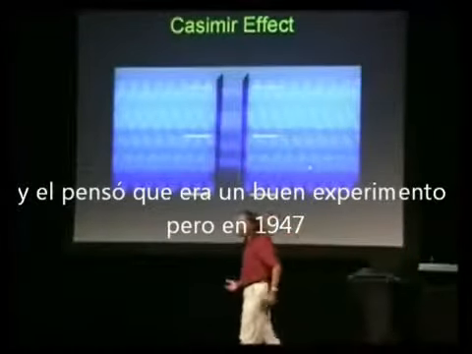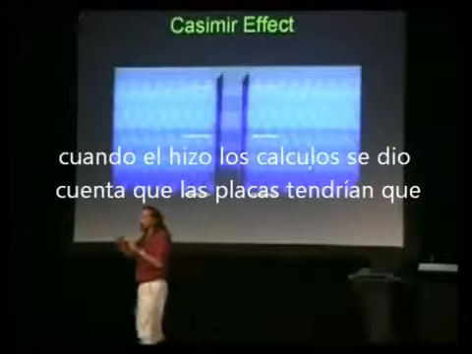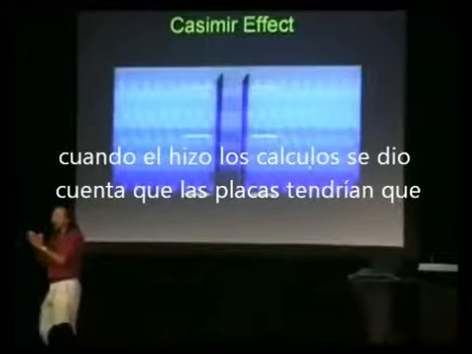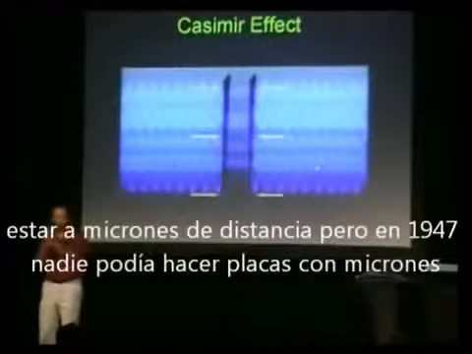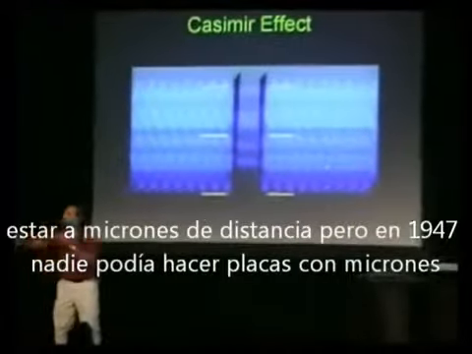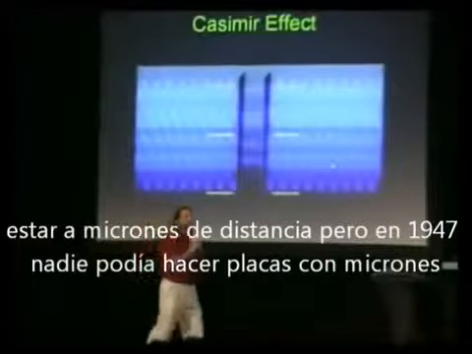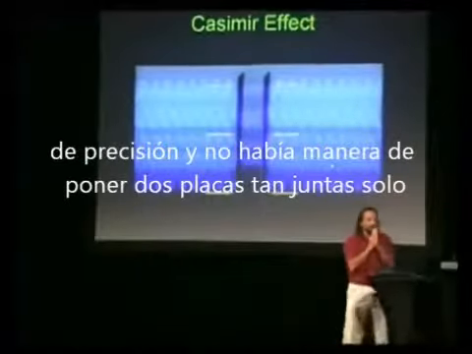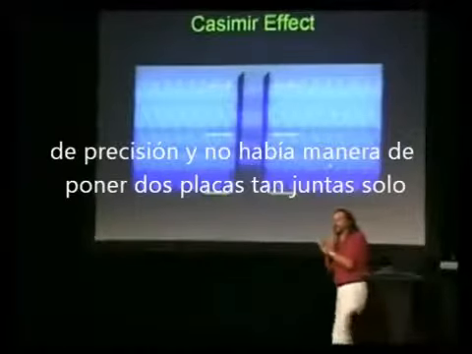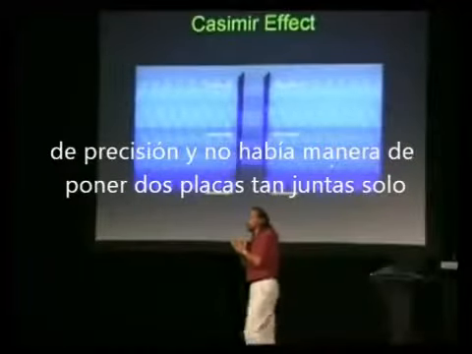But in 1947, when he made the calculation, he realized the plates would have to be microns apart. In 1947, nobody could mill micron precision plates. So there was no way to get two plates that close together. It took until the 90s before we were able to do that.